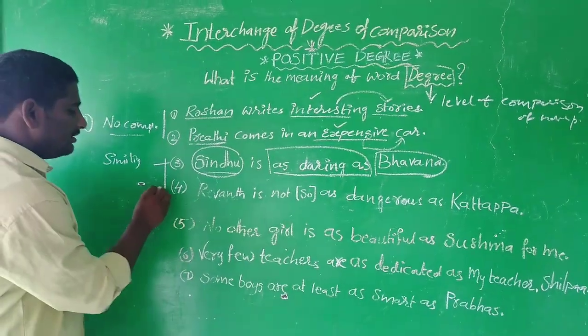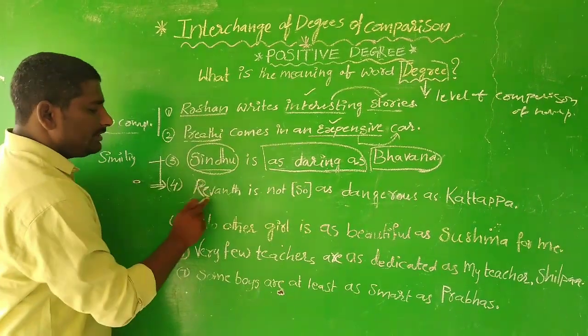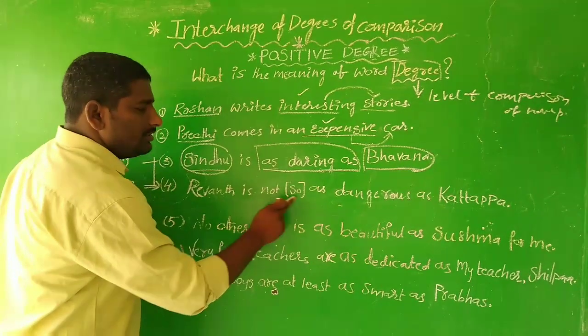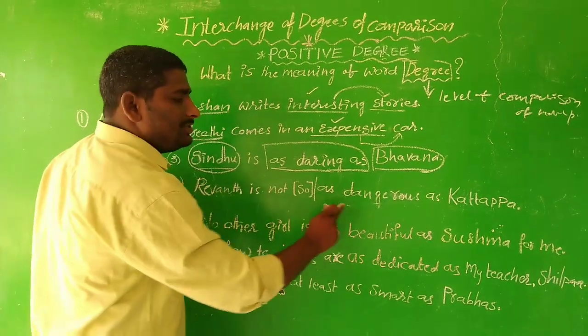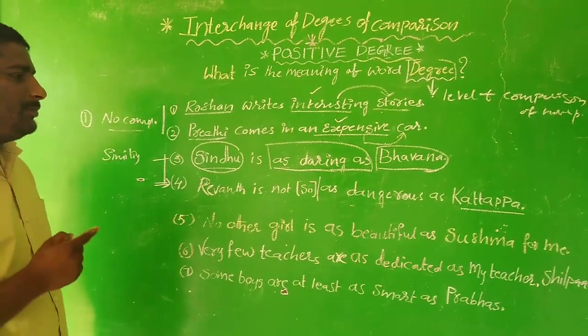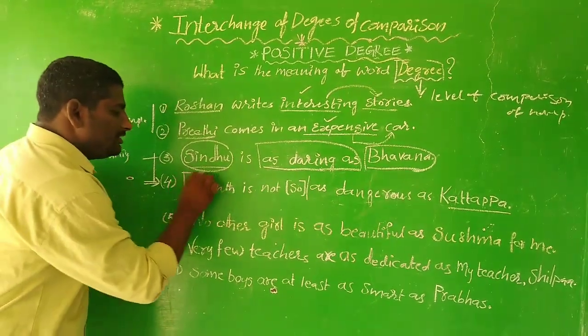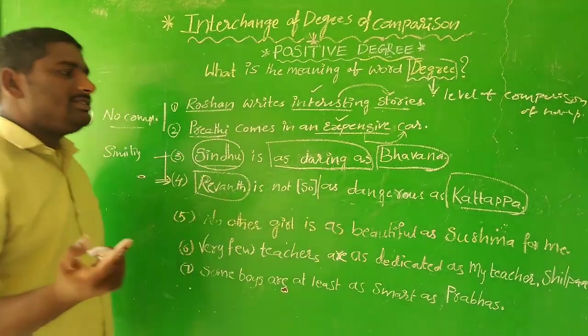If you see the fourth sentence, Revanth is not so dangerous as Katappa. Here also I have taken two persons, Revanth and Katappa, and again two persons are compared.